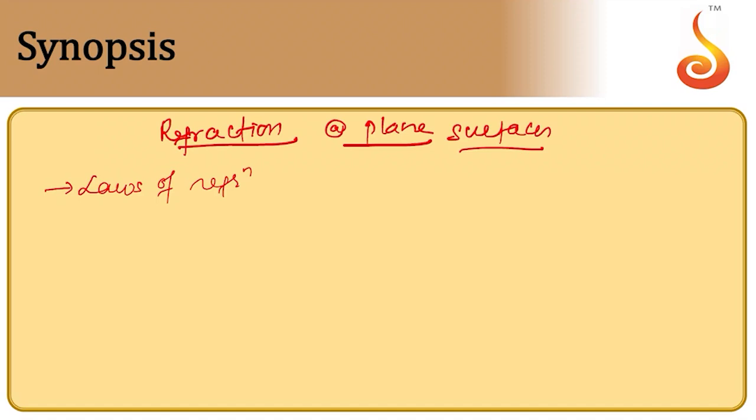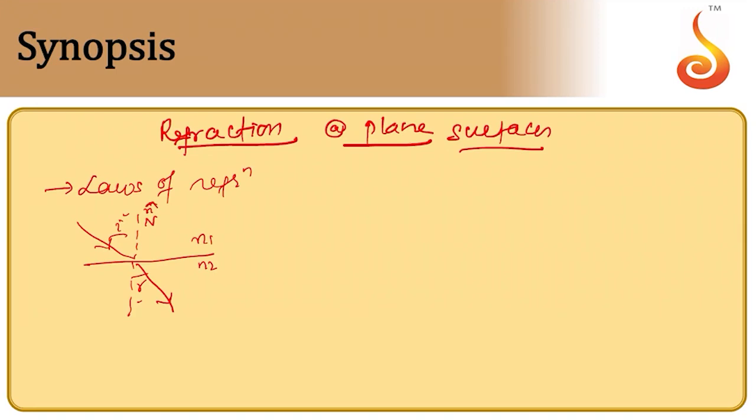If I consider an interface on which light is incident, this is the normal, and the ray of light gets refracted inside the medium, i being the angle of incidence and r being the angle of refraction, n1 and n2 being the respective refractive indices, and n cap is the unit vector along the normal.